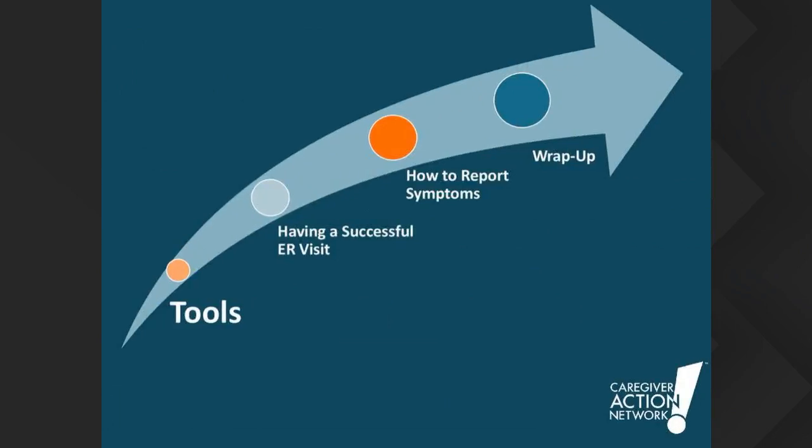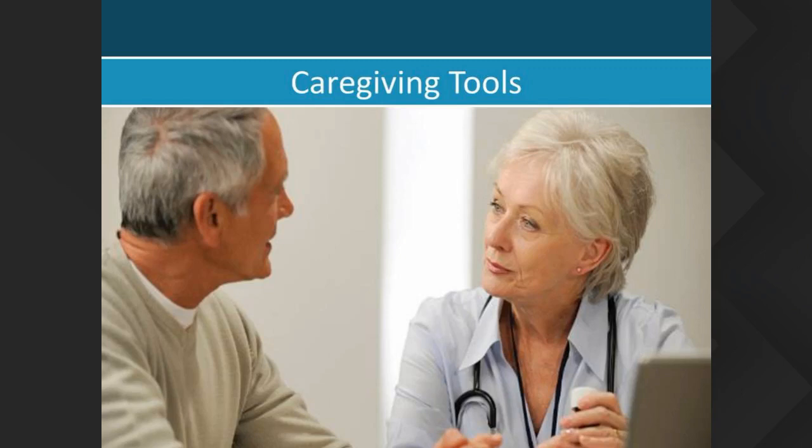So we'll start with the tools. We'll build on that information with tips about ER visits. We'll then get into symptoms and then do a little bit of wrap up. But like we mentioned before, these tools can make a world of difference in tackling your tasks as a caregiver.